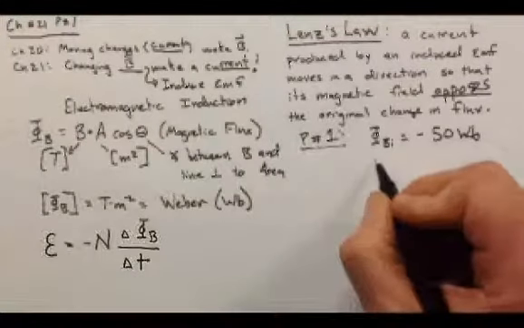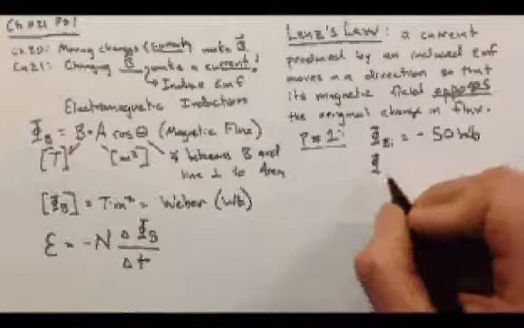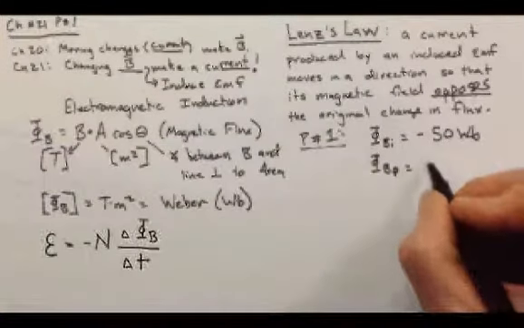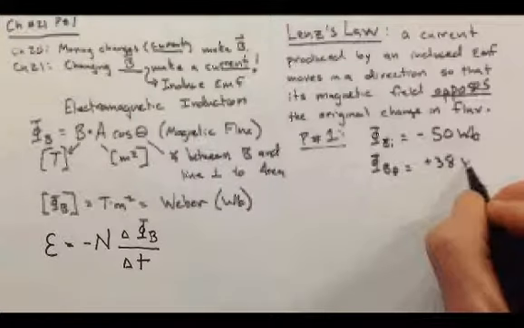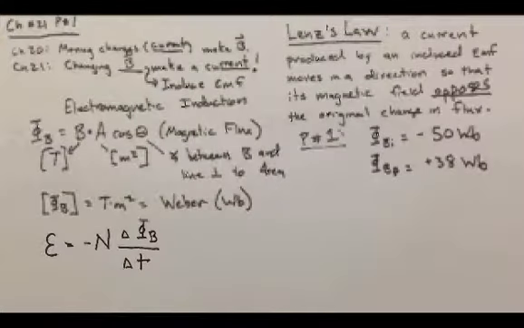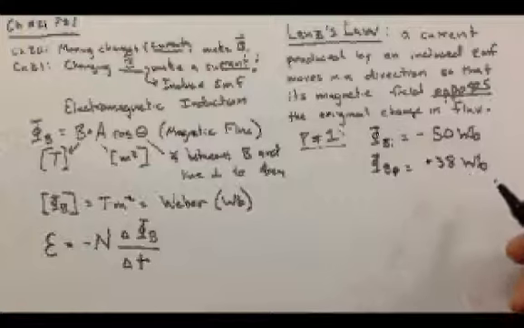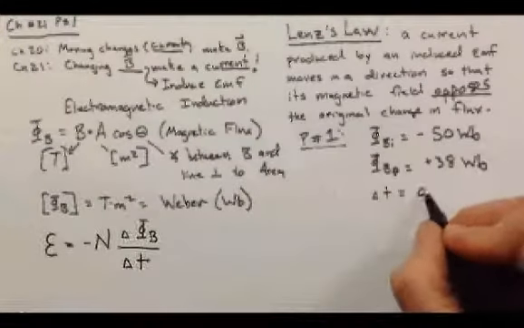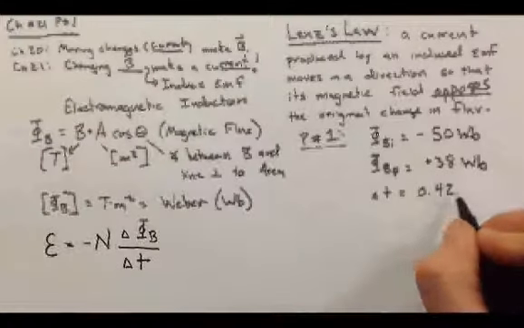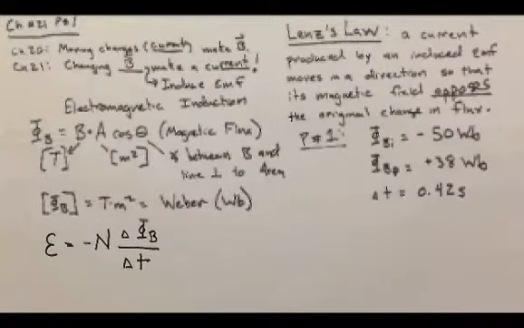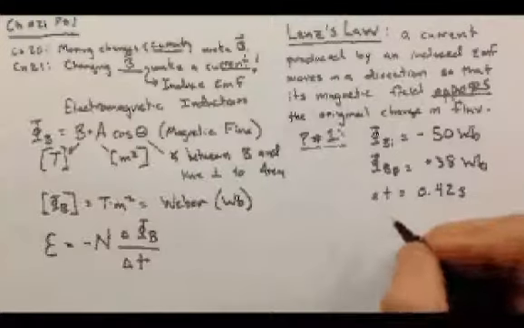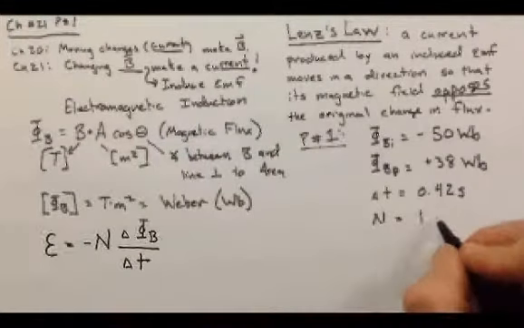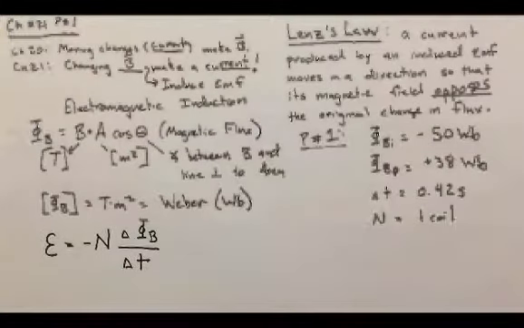We are going to change the direction of the magnetic field going through this coil of wire, and at some time later, we are going to have a flux of 38 Webers. The time over which this change occurs is 0.42 seconds, and the coil only has one loop of wire.